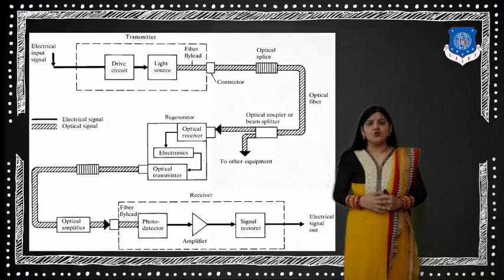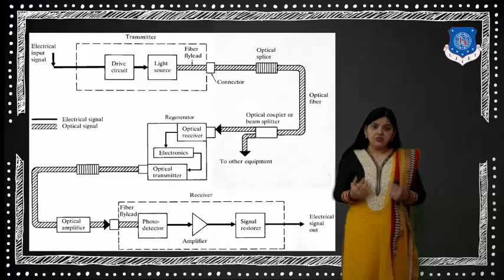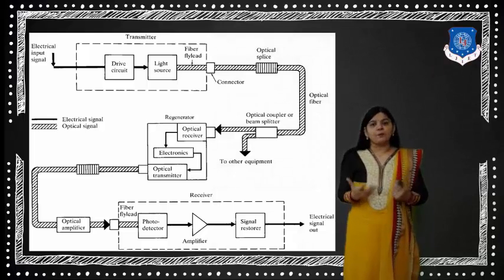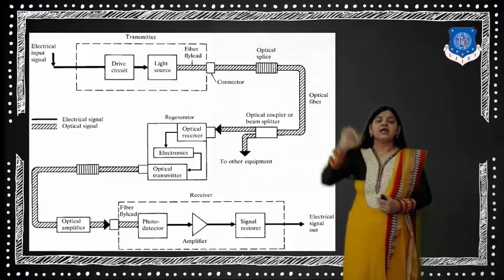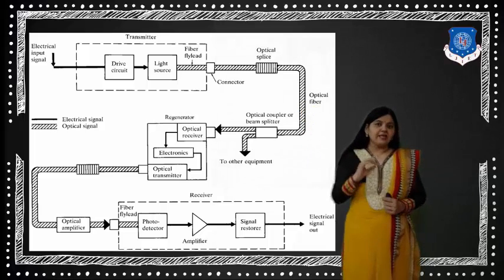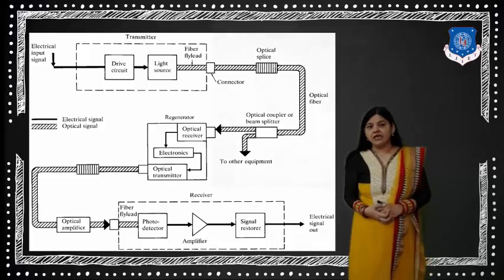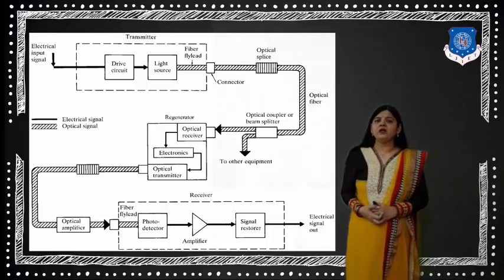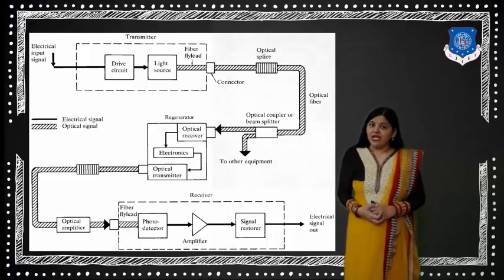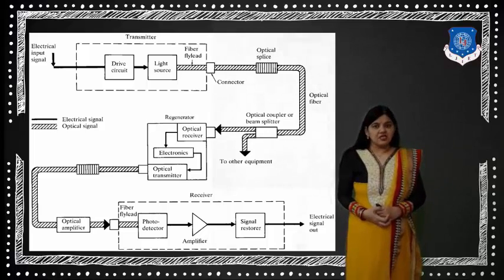So we need to convert the electrical signal into optical form. The device which we need over here is a light source. The light source can be either an LED or a laser. This light source will convert the electrical signal into the optical form.